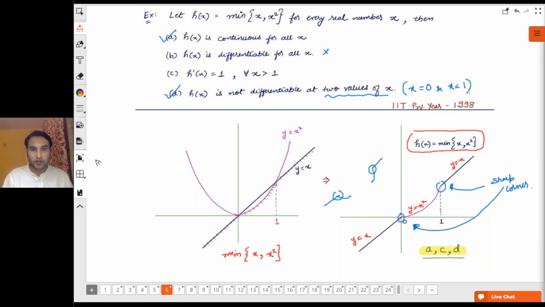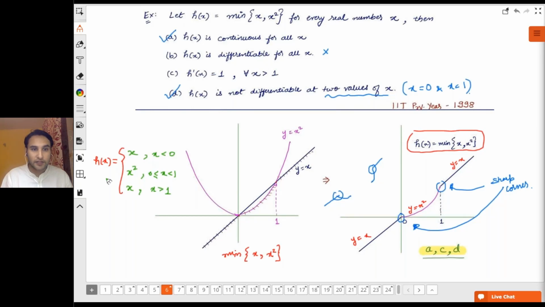So you can write h of x as: y is equal to x for x less than 0, it behaves like x square for x between 0 to 1, and it behaves like x again for x greater than 1.